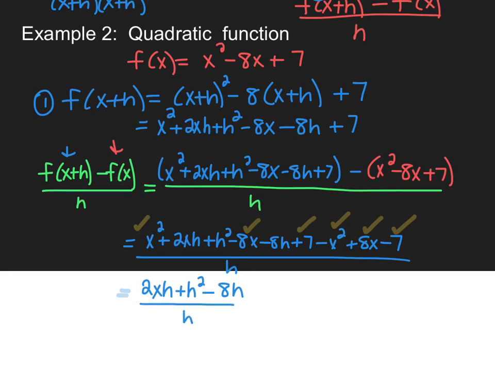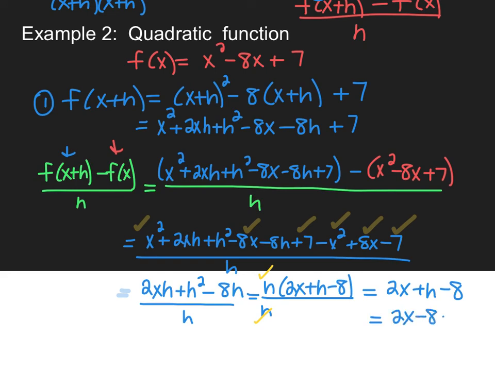all over h. Now I notice everything in my numerator has an h in common. Allowing us to then cancel out the h in the top and the h in the bottom to reveal our final answer of 2x plus h minus 8, of which I like to write as 2x minus 8 plus h, just to kind of rearrange.